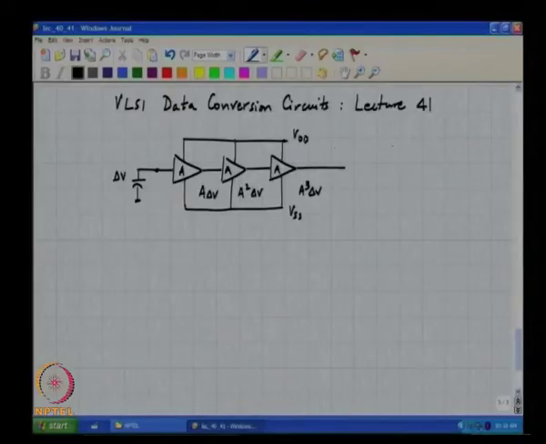If you assume that the logic levels you want are VDD and VSS, the resolvable input range consists of voltages beyond (VDD minus VSS) by A cubed. So this is the smallest resolvable input. And in order to increase the resolving capacity, what do you think one can do? You go on putting more and more amplifiers in cascade.